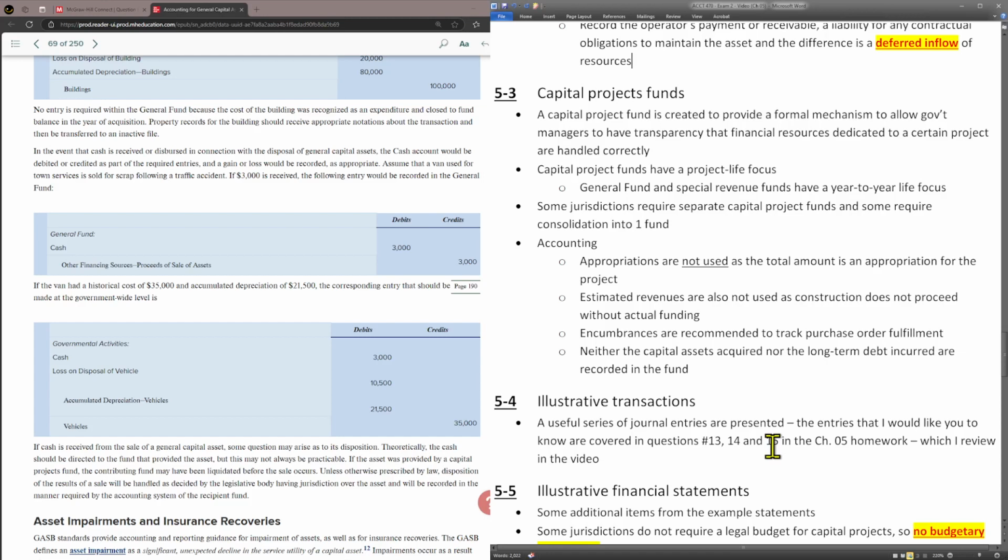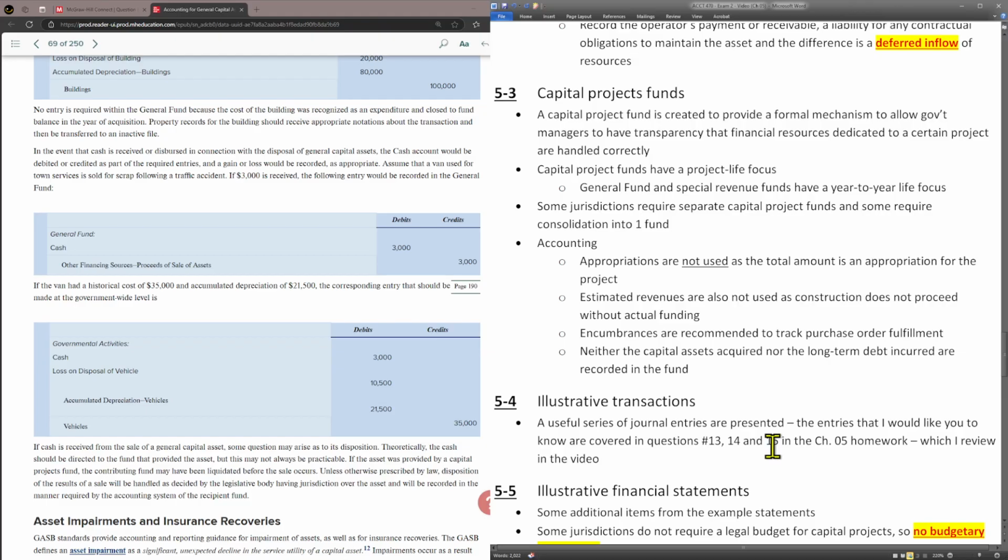Some jurisdictions have just one capital project fund where they track all of them, and some require them to be broken out into individual capital project funds. Also, general funds and special revenue funds have a year-to-year life focus, whereas capital project funds are focused on the life span of the creation of the asset, and so it goes hand in hand with its special purpose.